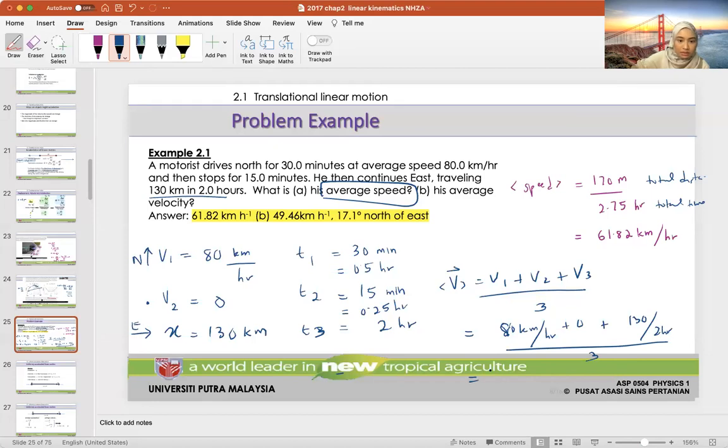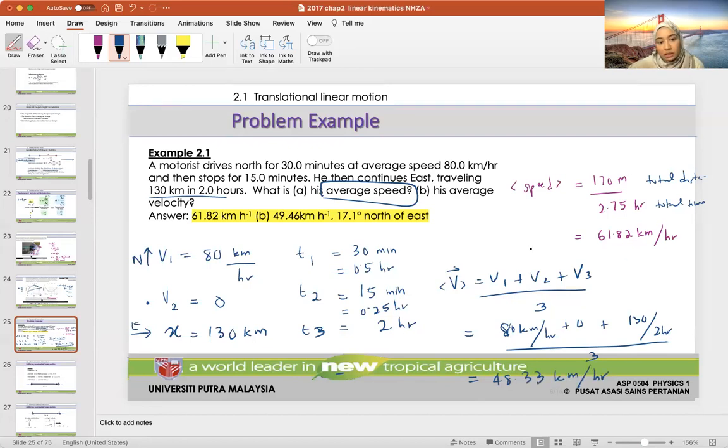Okay, let's see. 80 plus 0 plus 100. You got 48.33. Molly got 48.33? Yeah. Okay, so let's just keep it here first. 48.33 kilometer per hour.